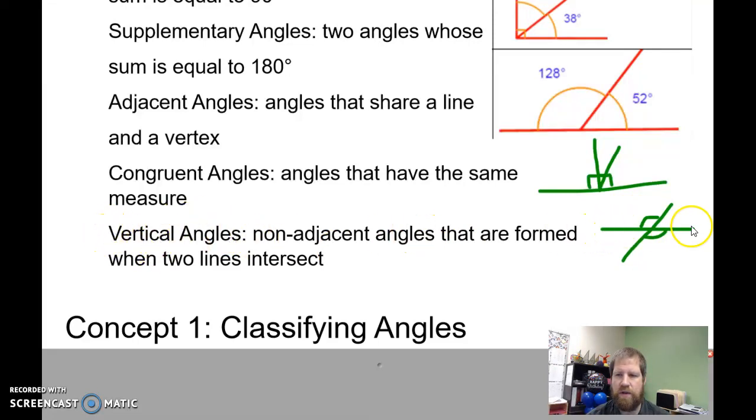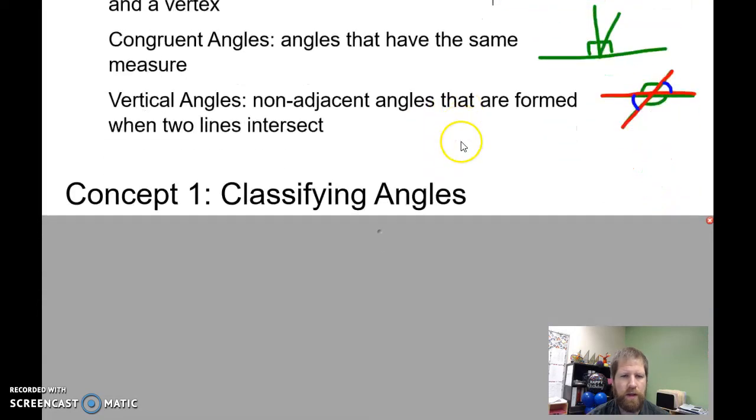I have two lines that intersect, and these two angles are non-adjacent. They're across from each other, and so those are vertical angles. These smaller ones, these acute angles, are also vertical angles.